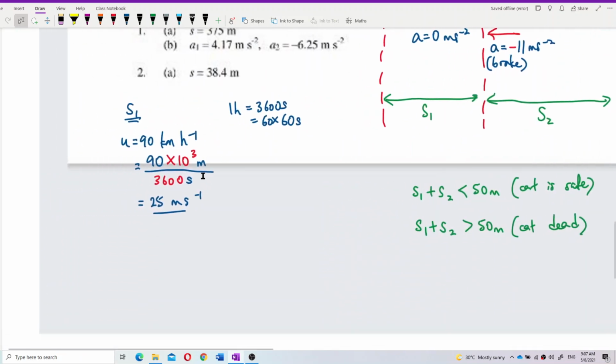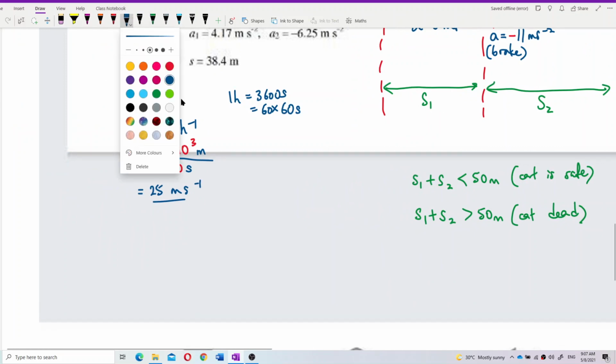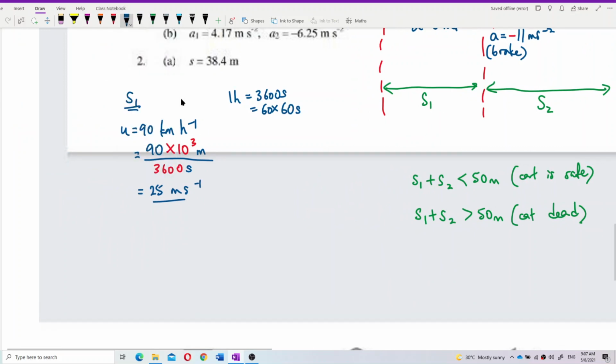So we need to find S1. Initial velocity is this, and the final velocity is still 25. The time taken is 0.4 seconds. The person is still not conscious yet.